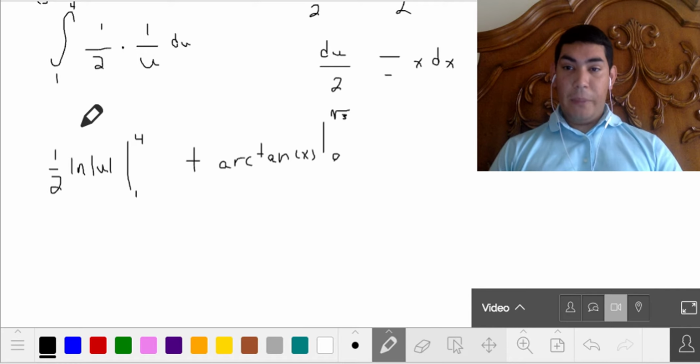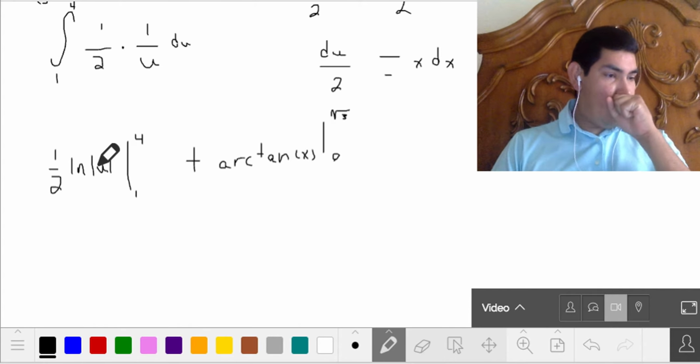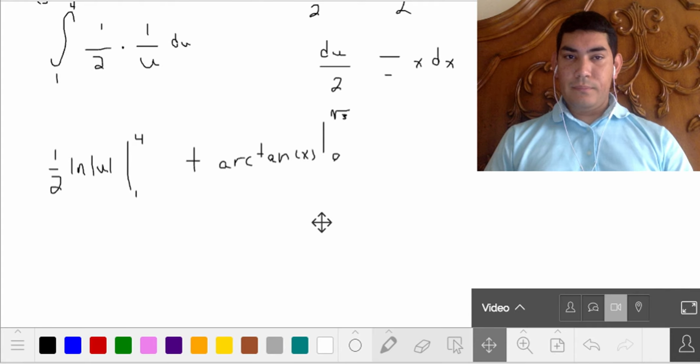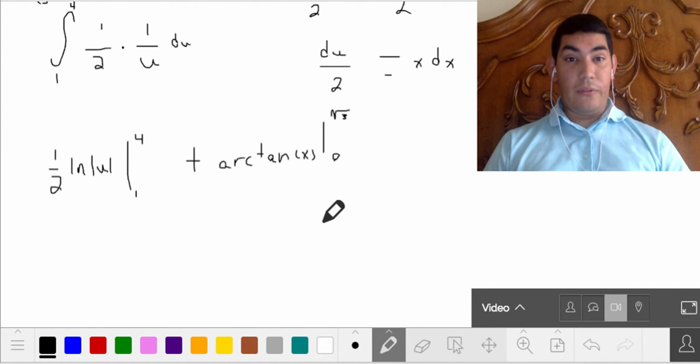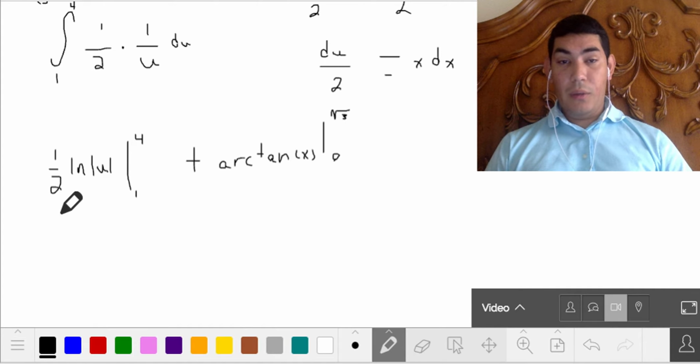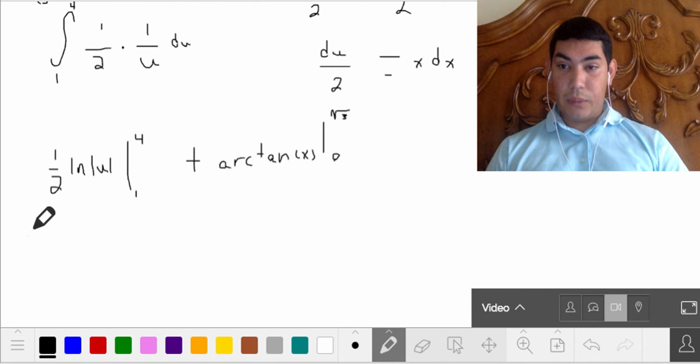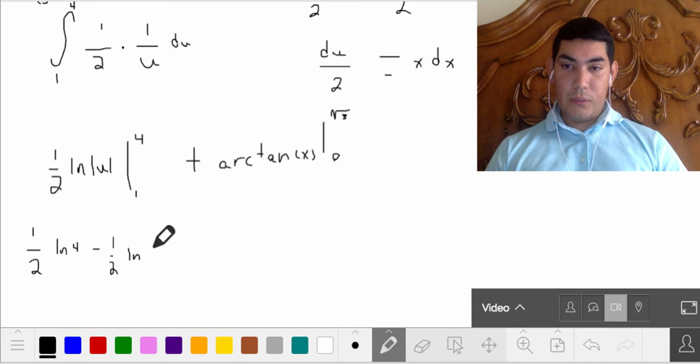So let's simplify our solution. Let's substitute our values, our boundaries. For example, on the first one, by substituting 4, we are going to obtain 1/2 natural log of 4, then minus 1/2 natural log of 1.